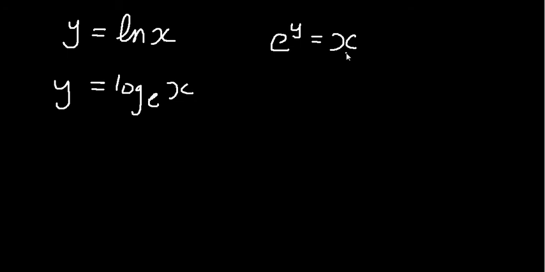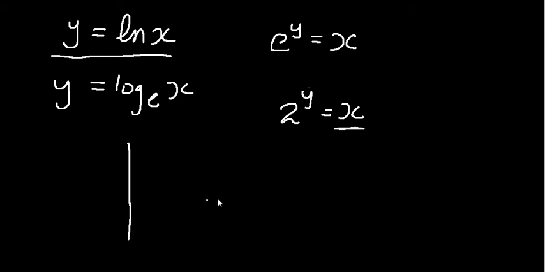I'm going to replace e with a 2. 2 to the power of y is equal to x. Now this x value can never be negative if I raise 2 to any power of y. So for this graph, y is equal to ln x, the domain can never have negative values, because when e is raised to a certain power, it can never have a negative value.